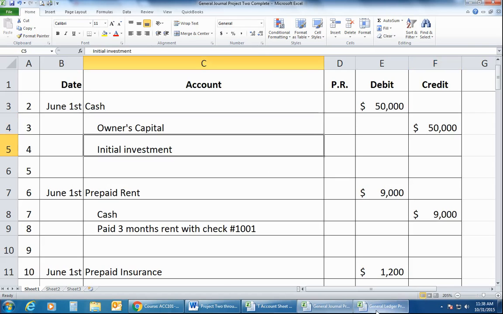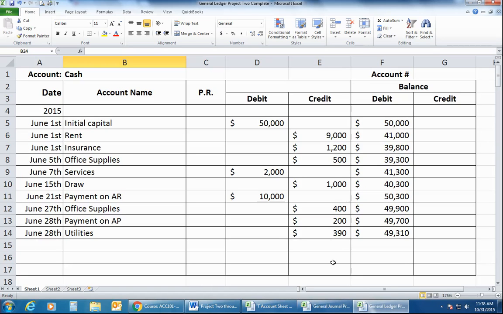Now, if we post this information to the ledger, we're going to look first at the ledger form. We have the cash account here in front of us, and cash in this case is account number 101. In this particular transaction, this one from the first, here is where we're going to enter the information that affects that particular account.